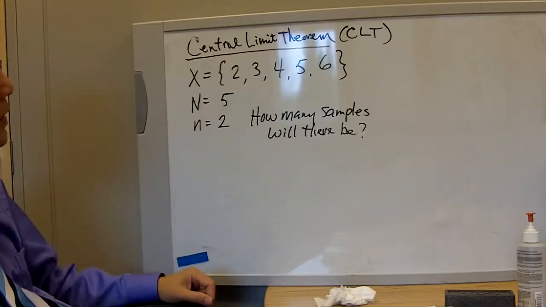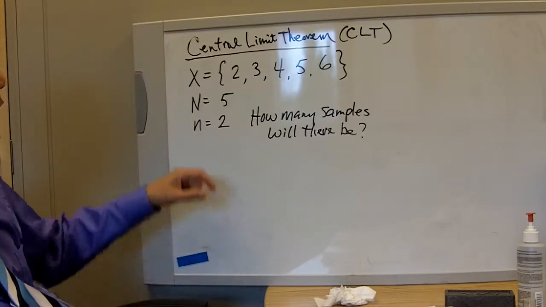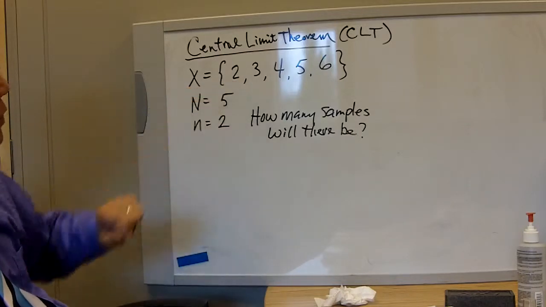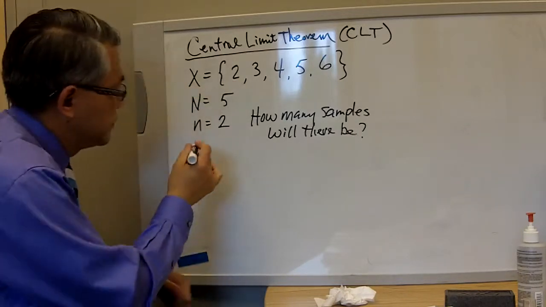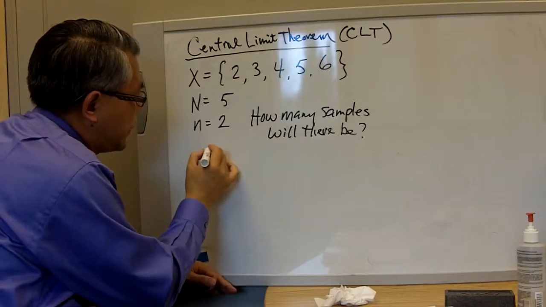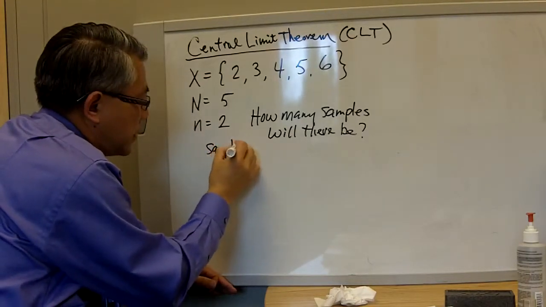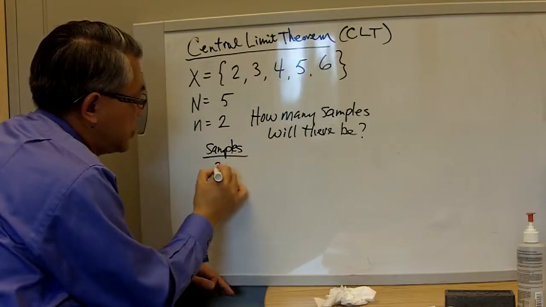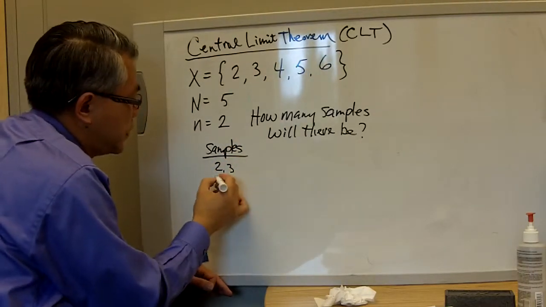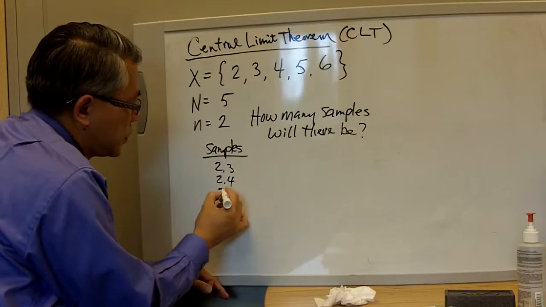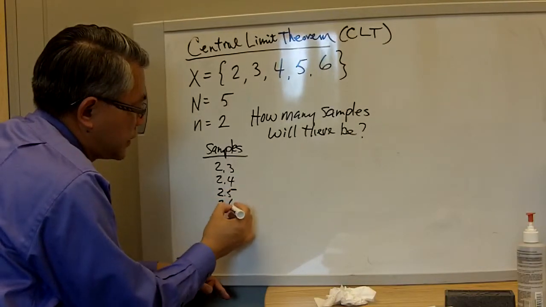How many possible samples would there be? You can have 2 and 3 as one sample. Let's list them: 2 and 3, 2 and 4, 2 and 5, 2 and 6.